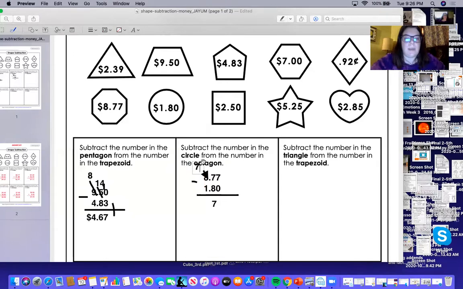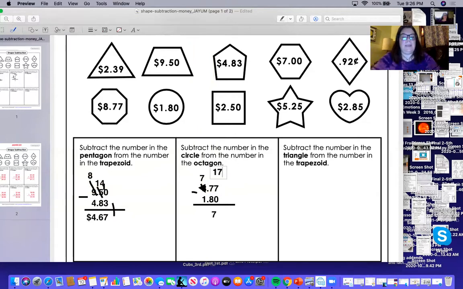So now I have $7 up here. I think I need to move all of this down, so we have space.